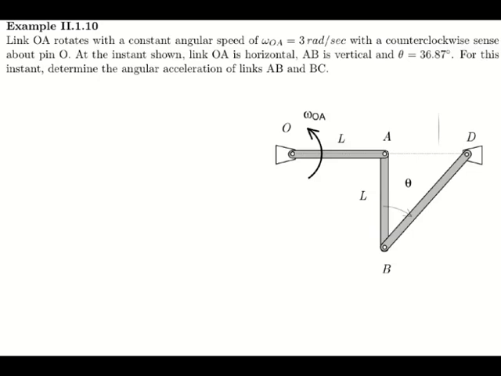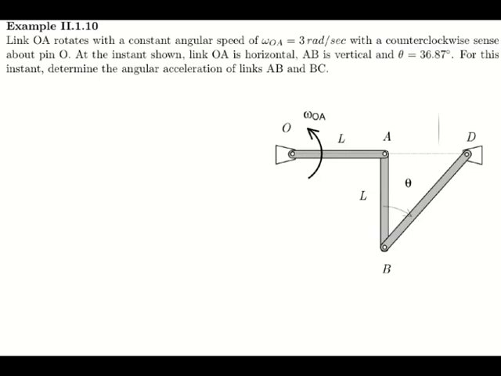What we've seen on mechanisms in the past is that although the question may just ask for accelerations, we know right up front we have to do velocity first, because the acceleration equations involve the omegas for the links.